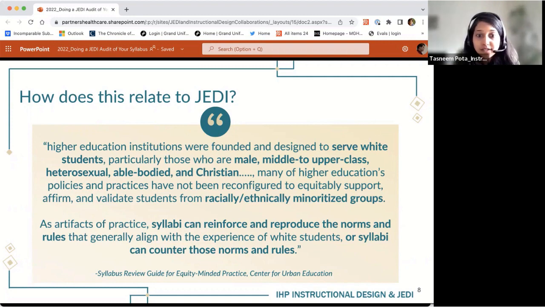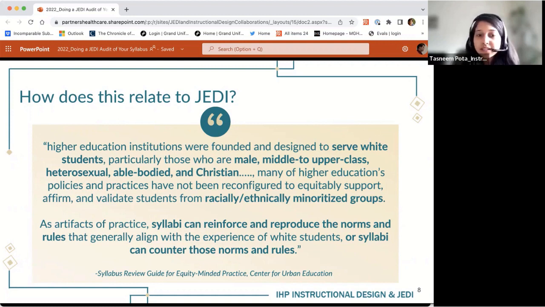You can send the message that while students need to work hard in college, faculty are there to support them and work in partnership with them. Finally, the syllabus can affirm the belonging of racially and ethnically minoritized students in higher education by representing their experiences in the course materials and by deconstructing the presentation of white students and white experiences as the norm. Many of these dynamics are implicit in our syllabi. It's important that we learn to make those invisible assumptions visible.